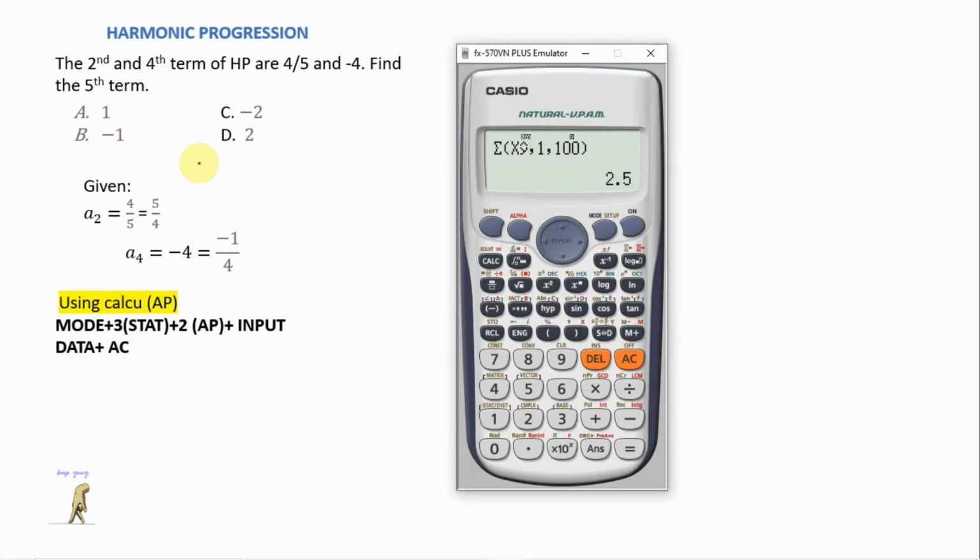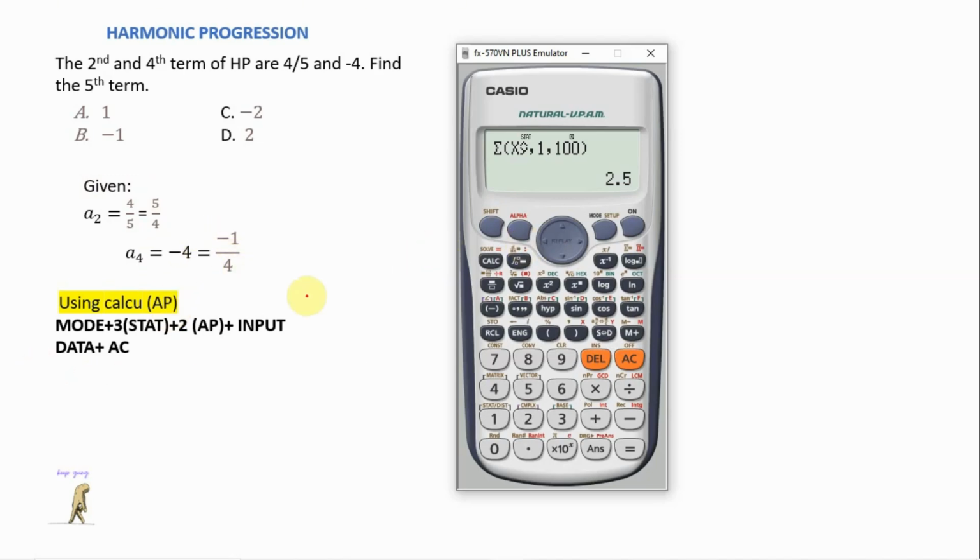Our harmonic progression, we know it is just a reciprocal of our arithmetic progression. So we can use our formula or our calculator techniques in arithmetic progression. Okay po? But in order for us to use that, we need to reciprocal first the values of our harmonic progression. As we can see here, it has a given a sub 2 and a given a sub 4. The reciprocal of the given becomes 5 over 4 and negative 1 over 4.